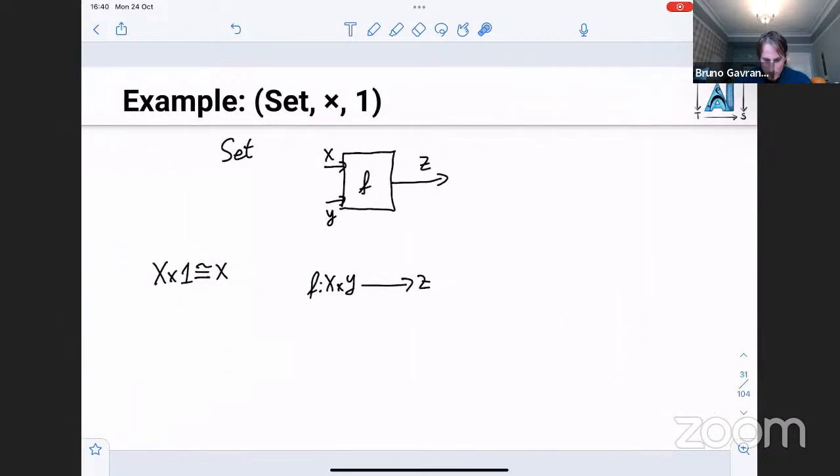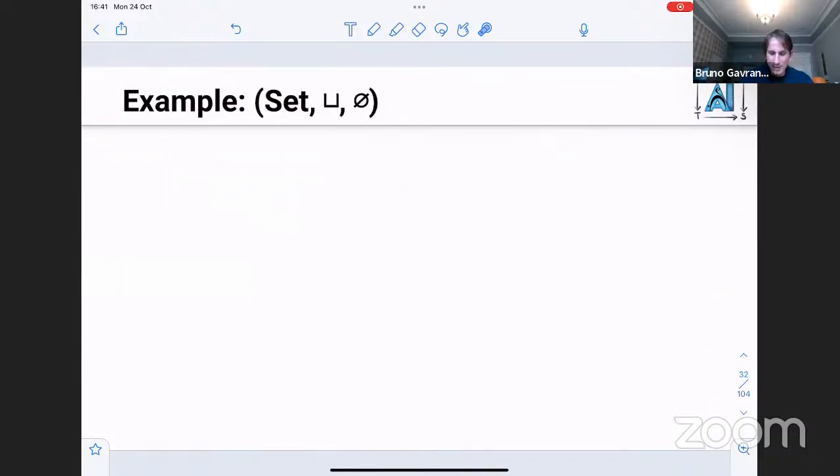Okay, so moving on, we've seen the category Set with the monoidal product, and we've interpreted the product as times. So we take both an X and a Y. But the monoidal product can be much more general. It doesn't have to be times. It can be, for instance, plus. It can be the disjoint union.